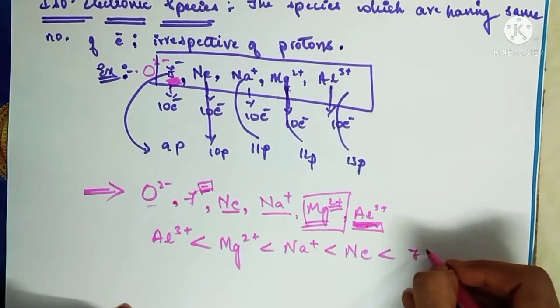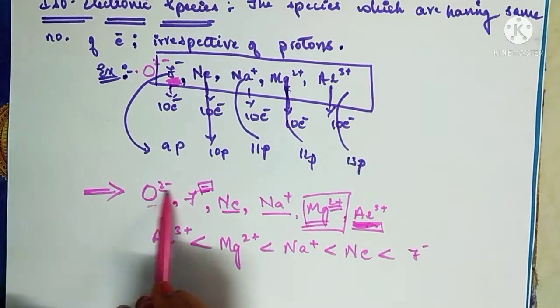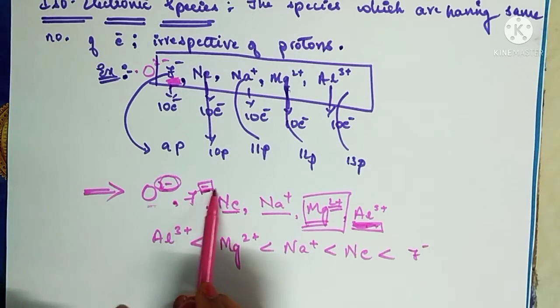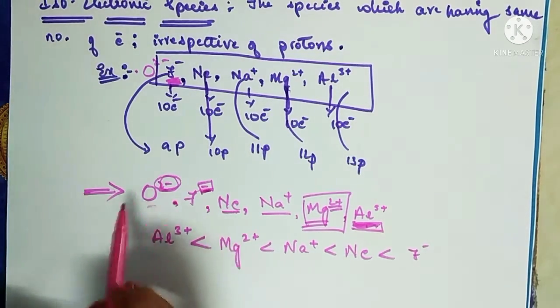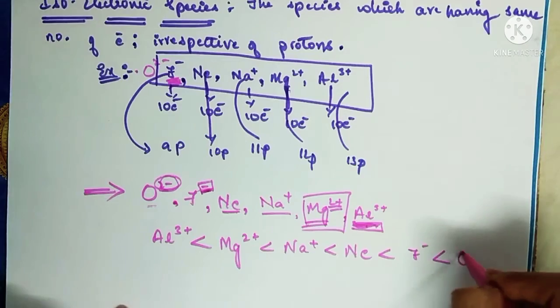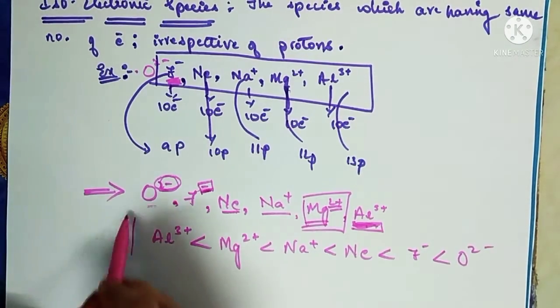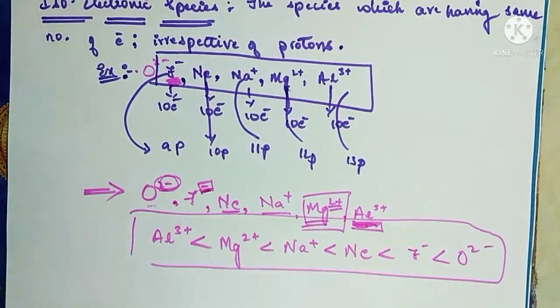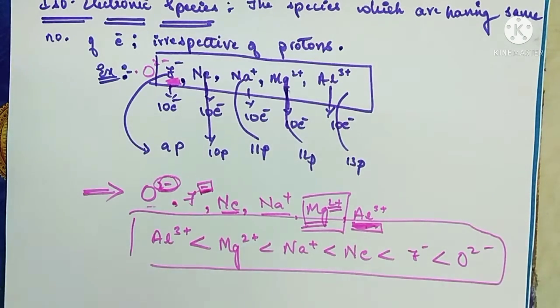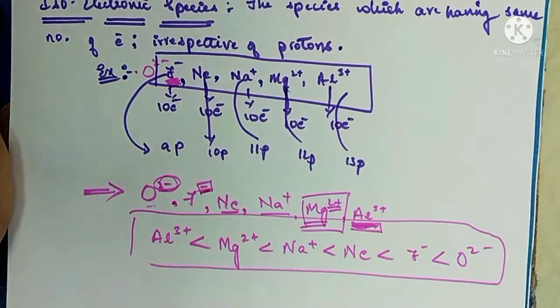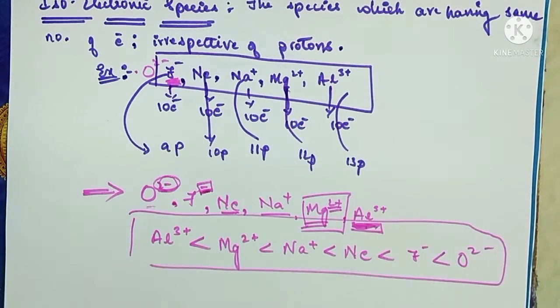So we have F minus and O2 minus, and 2 is greater than 1. So O2 minus has the greatest ionic radius among the given elements. And ionic radius and atomic radius in the isoelectronic species is the most asked question in JEE Mains and Advanced.